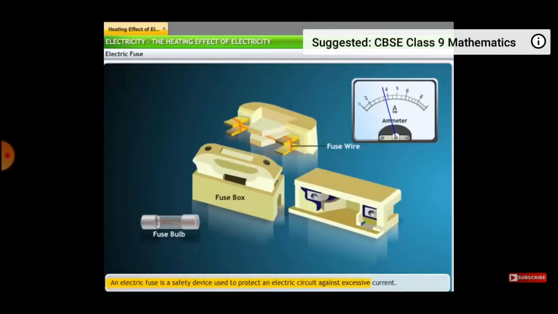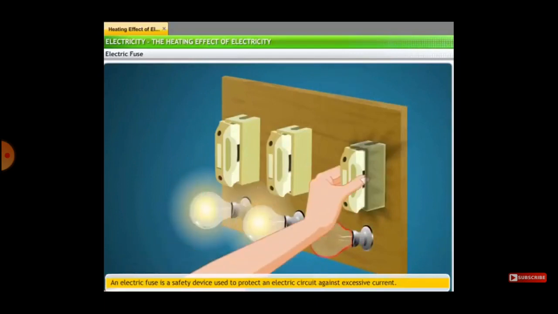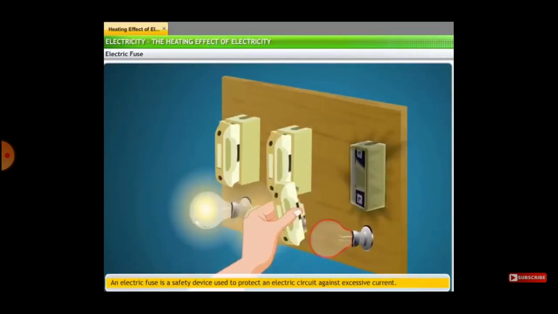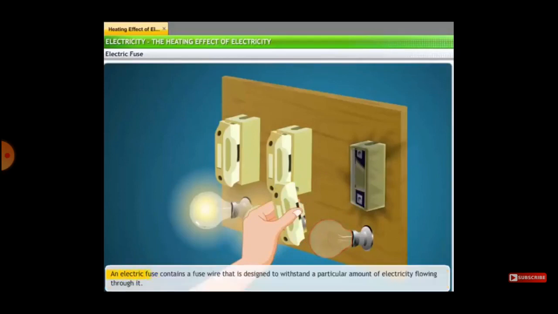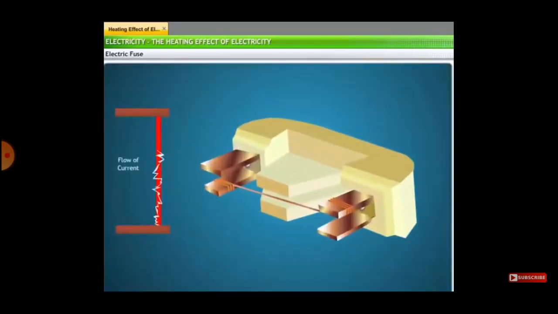You can observe this fuse bulb even in a tube light, and the fuse wire we can observe in the main board. This fuse wire is nothing but a small piece of wire that keeps the electrical circuits safe.